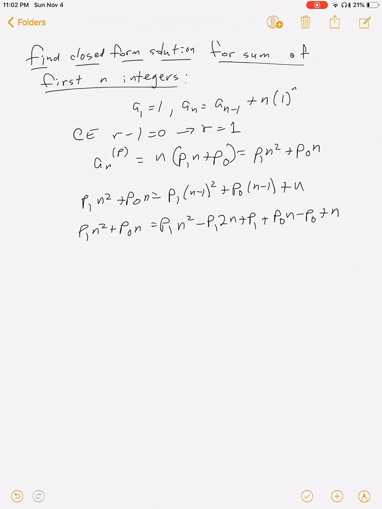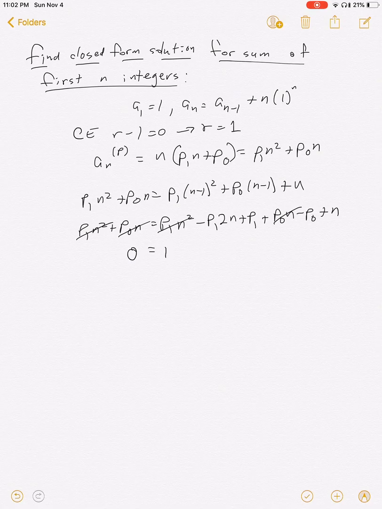Remember, I want to get this to be a polynomial in n set equal to 0, so I can set my coefficients to 0. And I'll start to subtract out from the left side, and I notice that p1 n squared will cancel p1 n squared there. p0 n cancels p0 n here, so I get 0 equals, and now I'll combine my factors of n and constants.